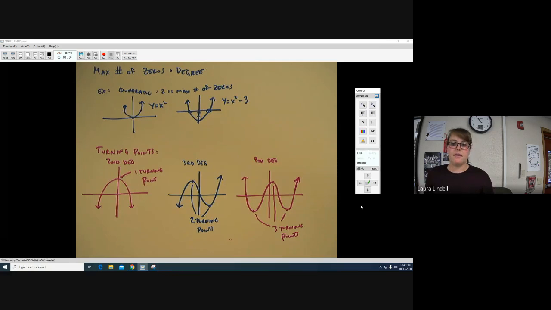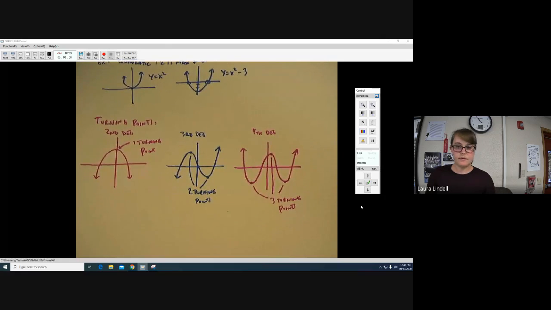What do we think the pattern is here? Anyone see a pattern? Yeah, minus 1 from the degree.